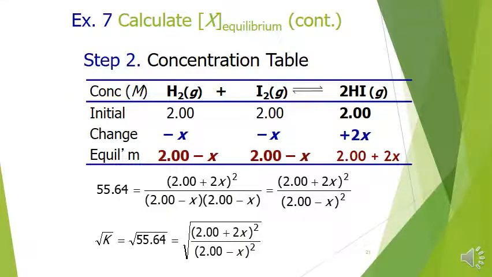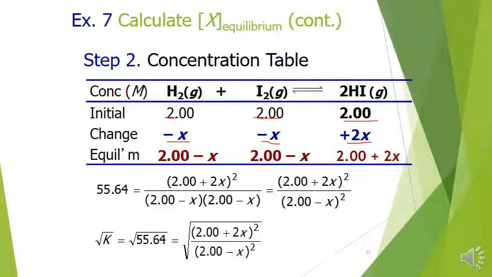All right, and so let's set it up. So here's your initial concentrations. Okay, and they change by x, minus x, down minus x, up by 2x. All right, and then the final concentrations in terms of x are like this. Then you plug them into the equations.